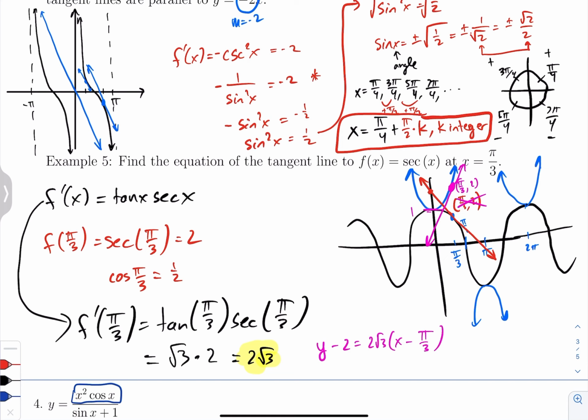So again, you can keep it that way, or you can move that 2 over: 2 square root 3, x minus pi over 3, plus 2. Or, again, if you want to impress your friends, you could write this in slope-intercept form. We don't want to do that, though, because then we have to add pi's and non-pi's and radicals and things. So we'll just leave it like that. So this is our line.